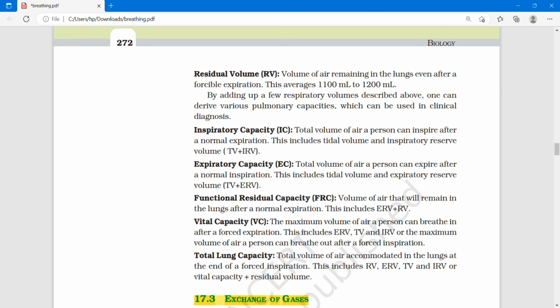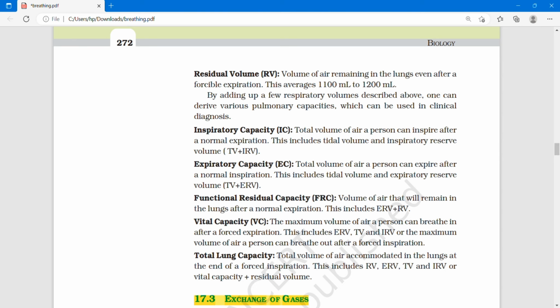Total volume of air a person can expire after a normal inspiration. It includes tidal volume and expiratory reserve volume, that is TV plus ERV. Next one is functional residual capacity, that is FRC. Volume of air that will remain in the lungs after a normal expiration. This includes ERV plus RV.